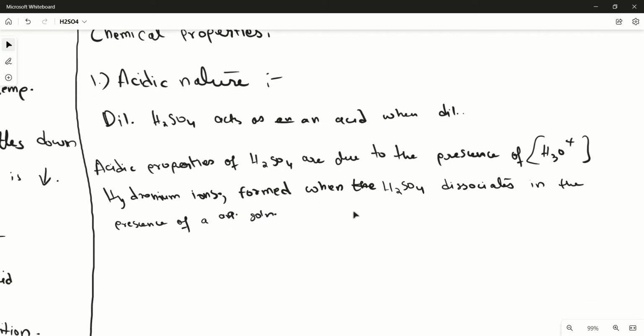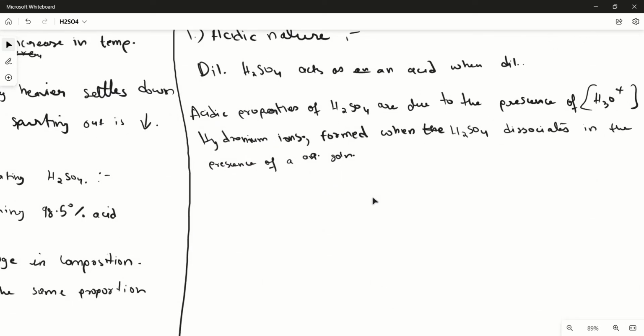So the reaction goes something like this. H2SO4 is a reversible reaction with 2H+ and SO4 2-.